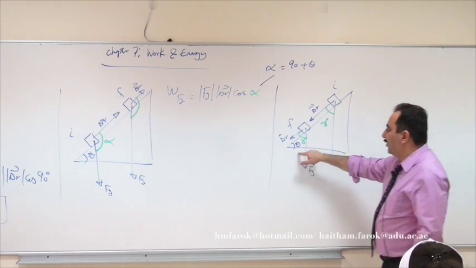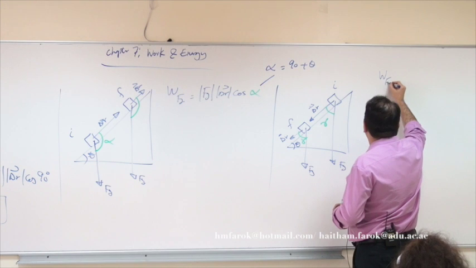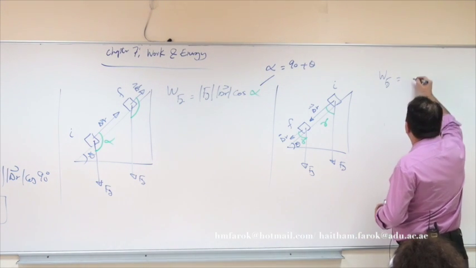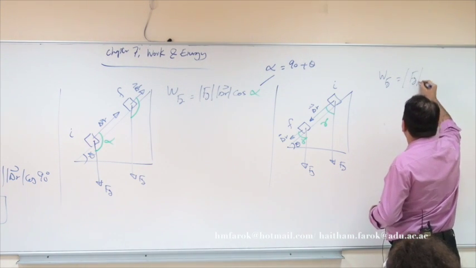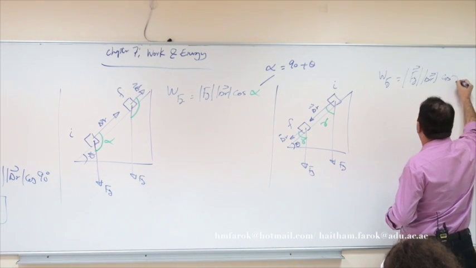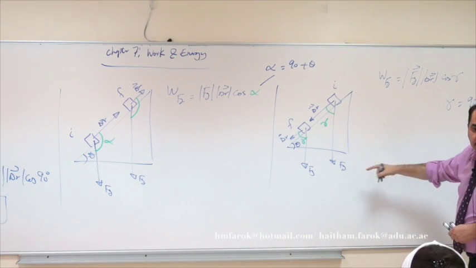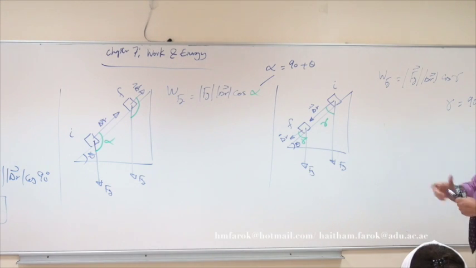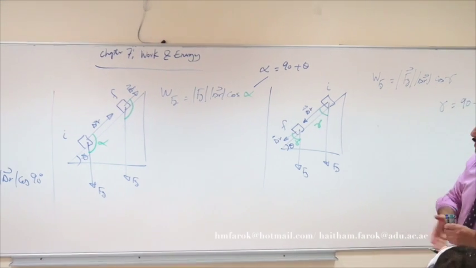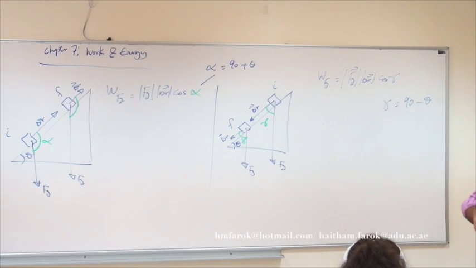By how much? By theta value. So here we say WFG equals FG delta R cosine gamma, and gamma is 90 minus theta of the surface. That's it. So these are the cases, yeah? It's not always zero work of gravity: up incline, down incline, on the surface.